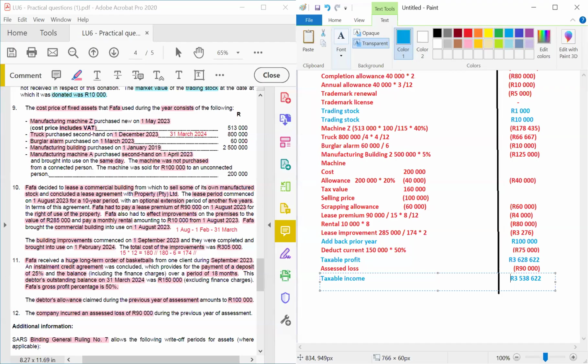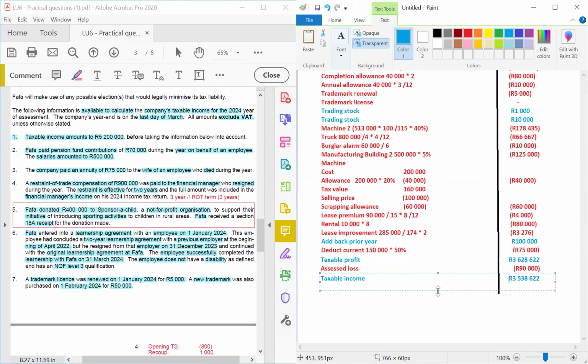Now, when we go to donation, this is the time for us to do donations. So when you do the donation, this should be a Section 18A donation, meaning that it must have a public benefit organization certificate, right?